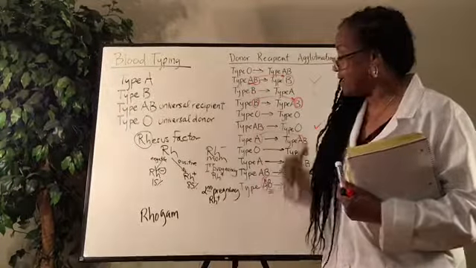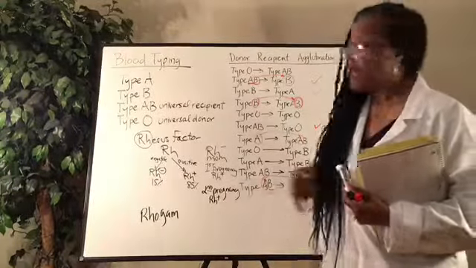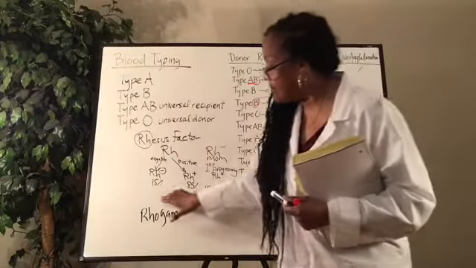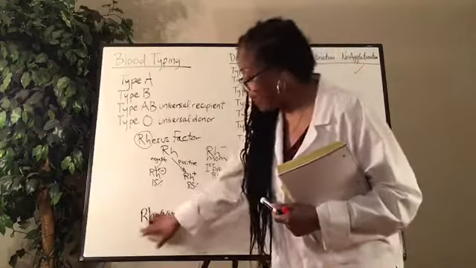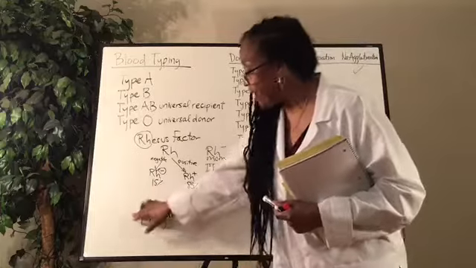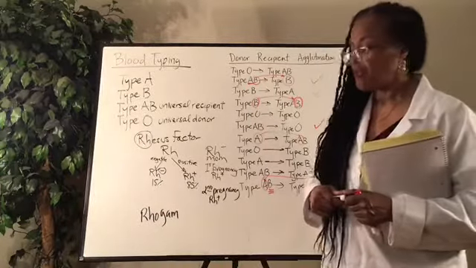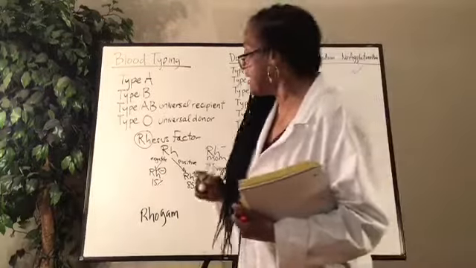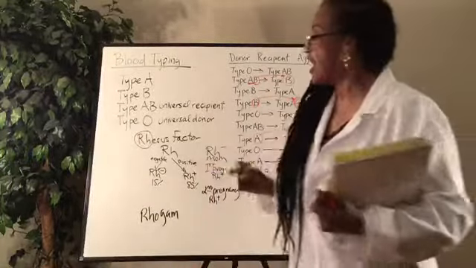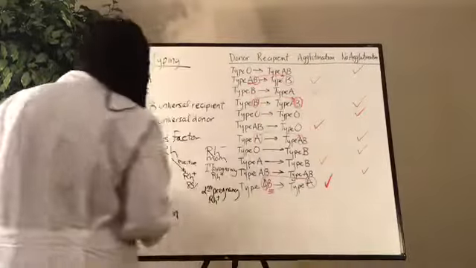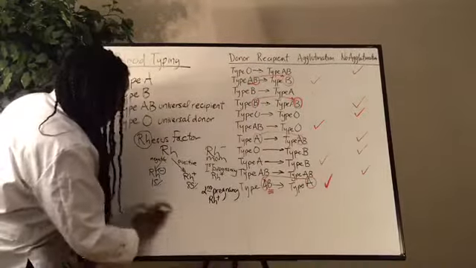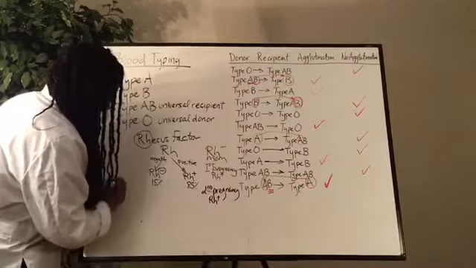So with the second pregnancy, this baby could be in trouble. And if that doctor did not protect this mom or protect that baby by giving the mom RhoGAM, then this fetus's blood can shear. And we call that, let me just put that RhoGAM up here.